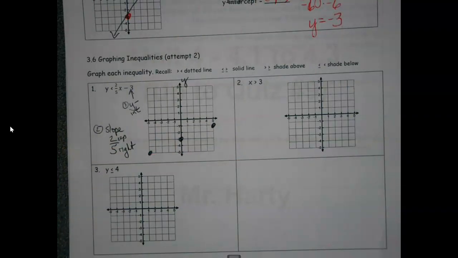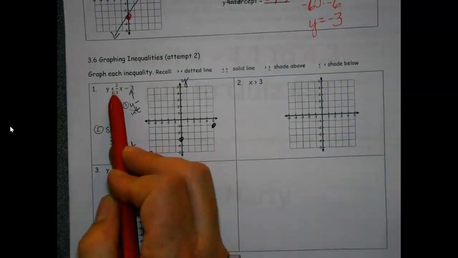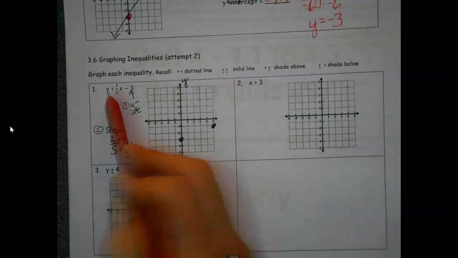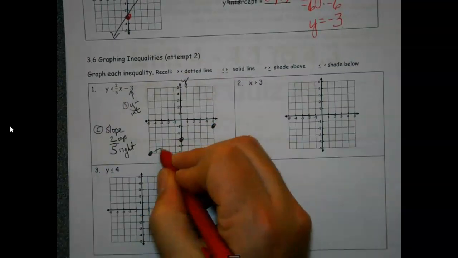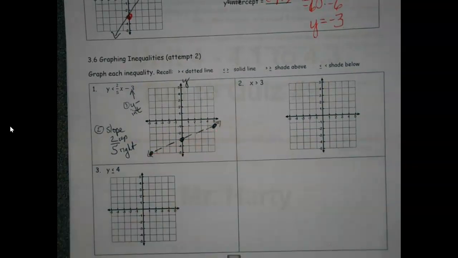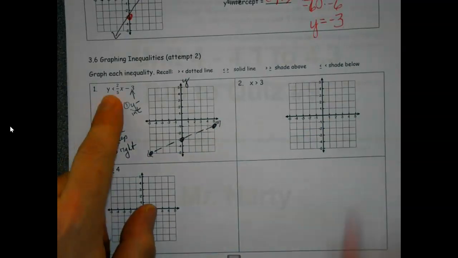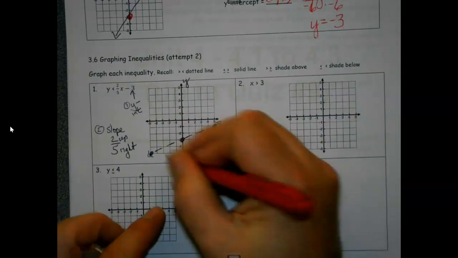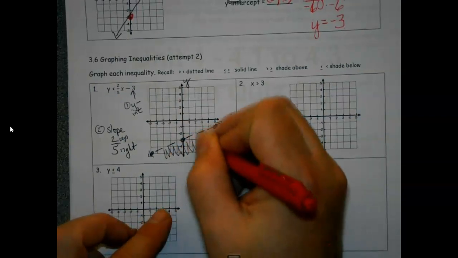And before you draw the line through, remember, if there's no line underneath, it's going to be a dotted or a dashed line going through there. That's worth a point. And since the arrow is pointing at y, we're going to shade below.